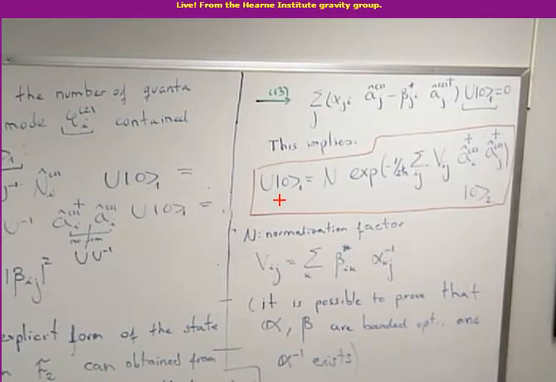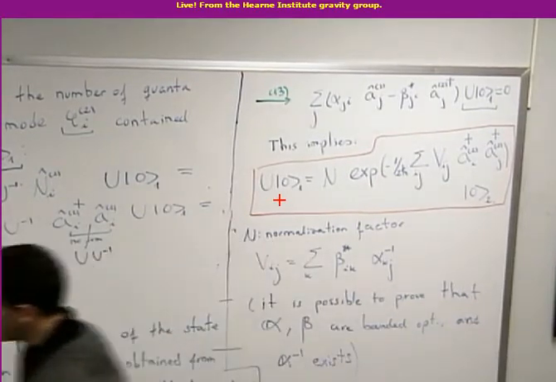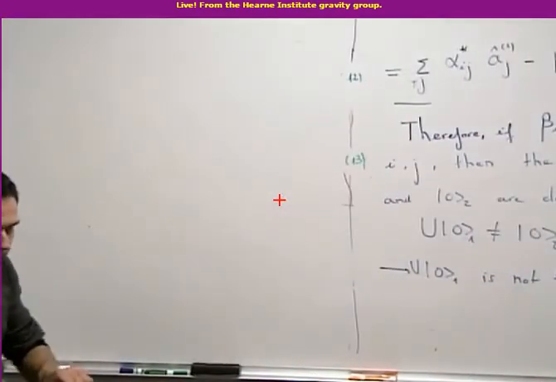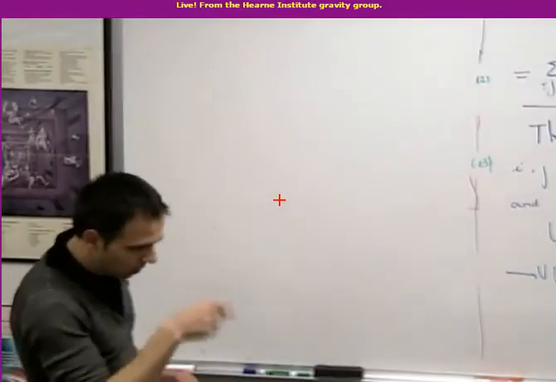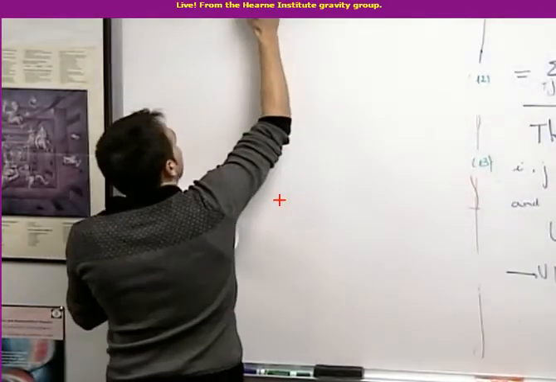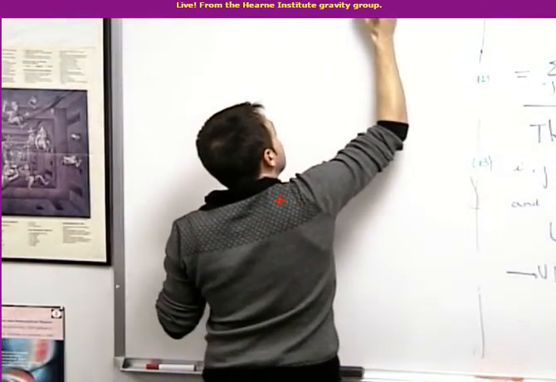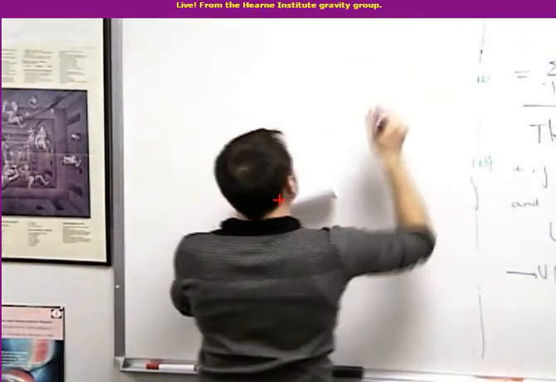Another important property: equation 11 that I erased was these properties of alpha and beta, alpha beta transposed minus beta alpha transposed equal 0, and alpha alpha dagger minus beta beta dagger equal delta_ij. If you take them, you can prove that this matrix V_ij is symmetric.